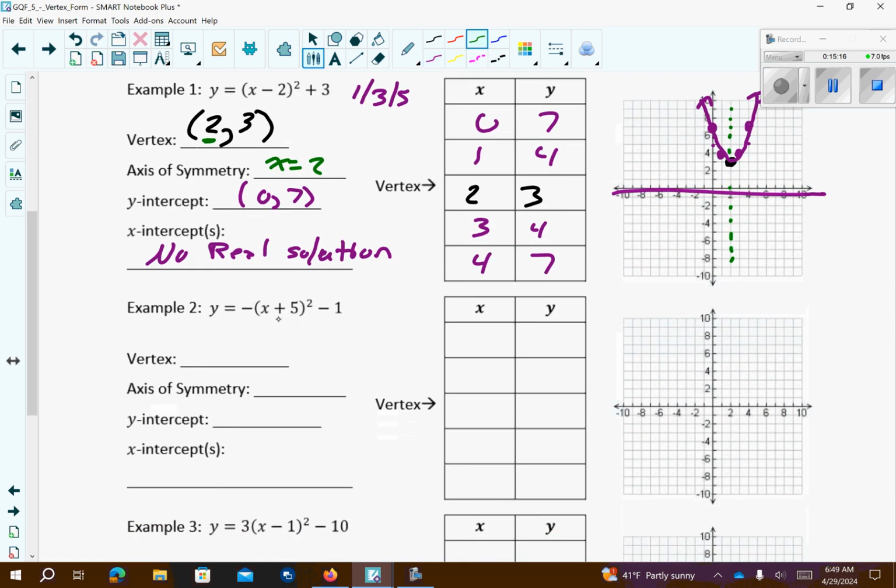All right, our vertex, the opposite of inside, is going to be -5. Same outside is -1. So -5, -1 is down here. Our axis of symmetry, because we know the vertex, is the x component of the vertex. Our y-intercept we don't know yet. Our pattern graph is going to be -1, -3, -5 because I have the negative out in front.